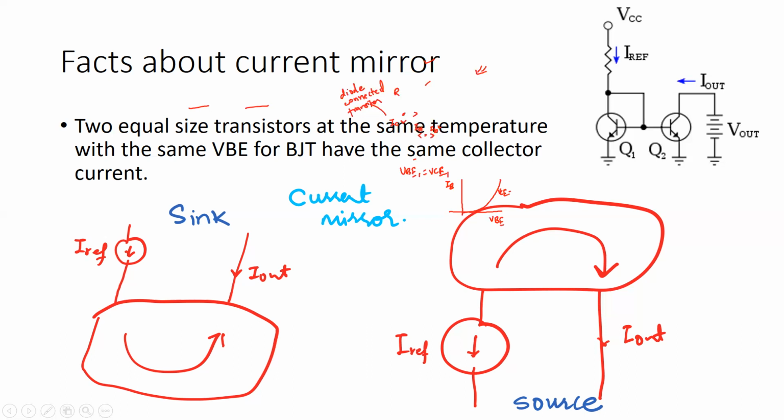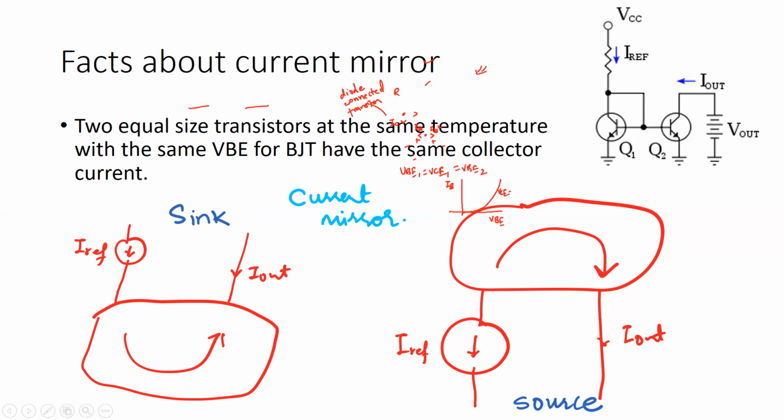And we see that because the transistors are exactly matched, that is Q1 equal to Q2 in all the properties, and also of equal size at the same temperature, their VBEs are also equal, that is VBE1 equals VBE2.